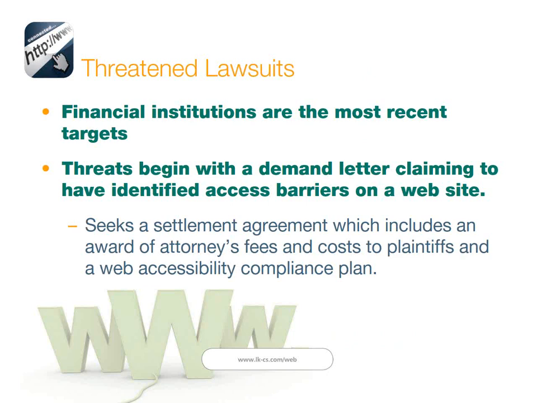We've helped several financial institutions nationwide that have received these threat letters seeking settlement offers. These letters seek a settlement agreement, which includes an award of attorney's fees and costs to plaintiffs, and a web accessibility compliance plan. How are you going to make your website accessible?